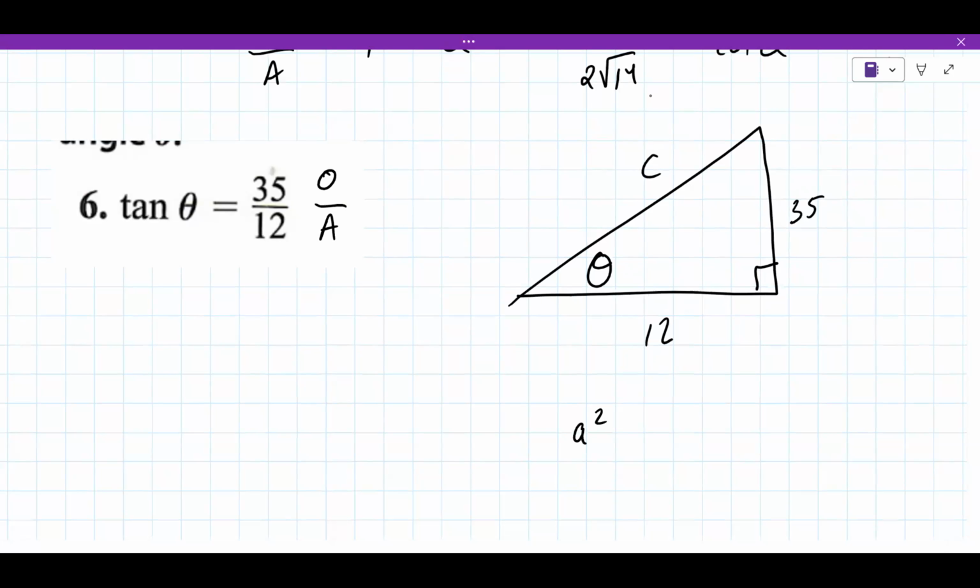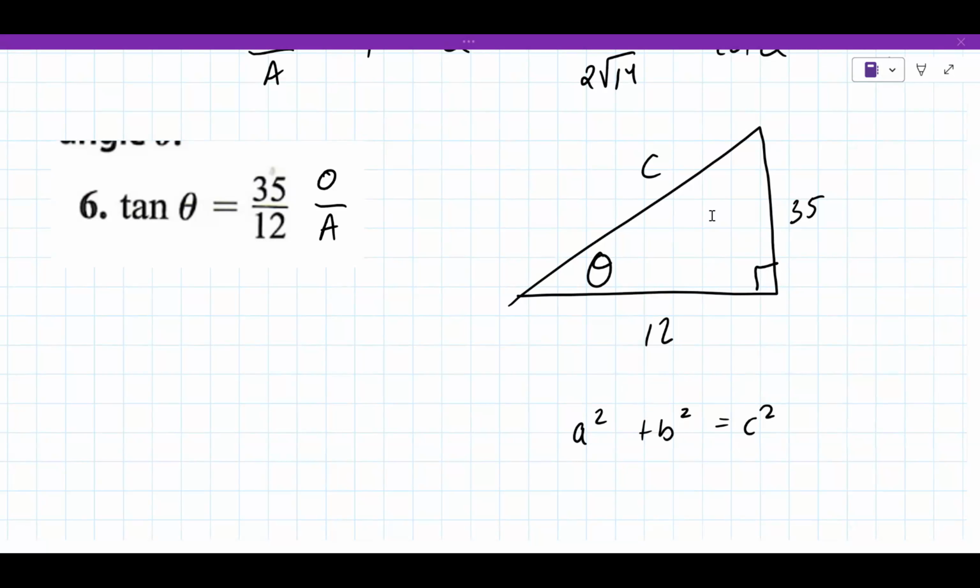Okay, so if you recall, a squared plus b squared equals c squared. Can we use this formula to find the value of c? You have to decide if enough information has been given. What do you think? Yes, you actually do have enough information here. So put 12 in for a, square it, 35 in for b, square it, and then undo the square with the square root.